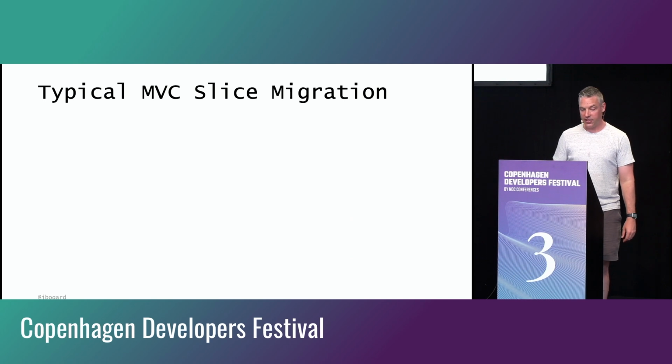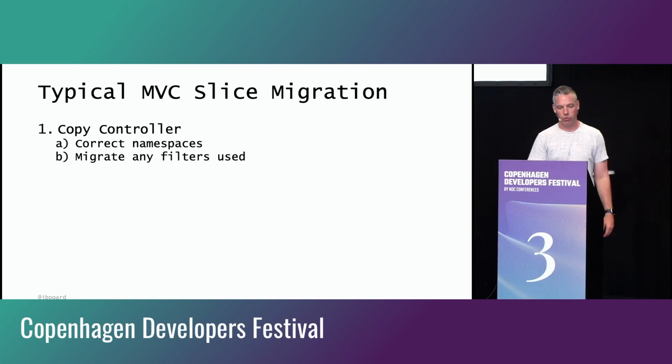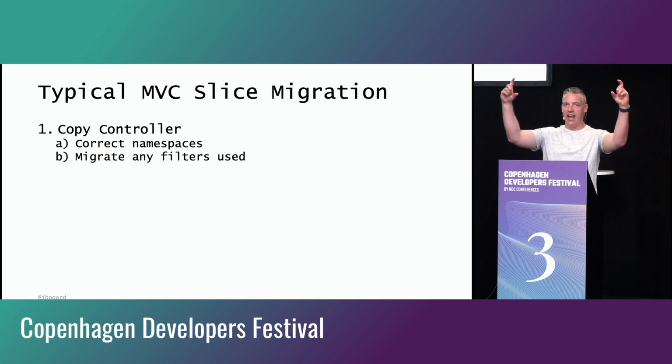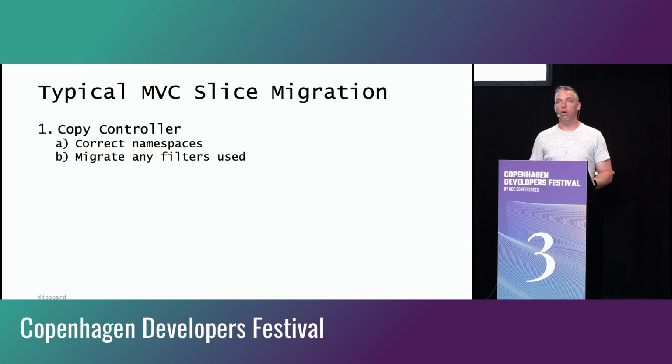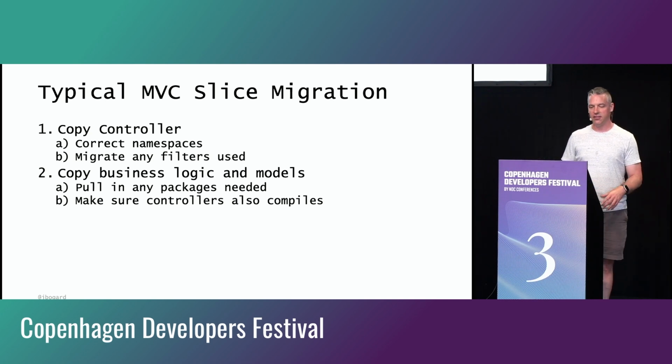So our typical migration, after getting this kind of initial setup going, was first we would copy the controller over, copy paste, correct namespaces, and migrate any of the filters that were being used. So if you see the attributes at the top of the controller, well, those have to get migrated in some form or fashion. We'd also copy, if needed, any business logic and models.